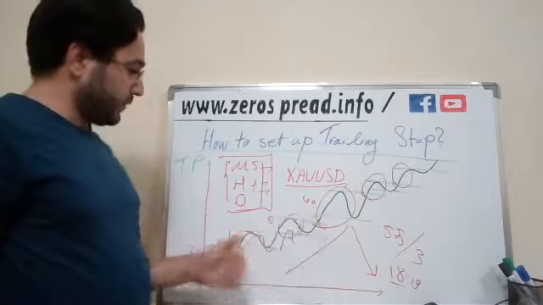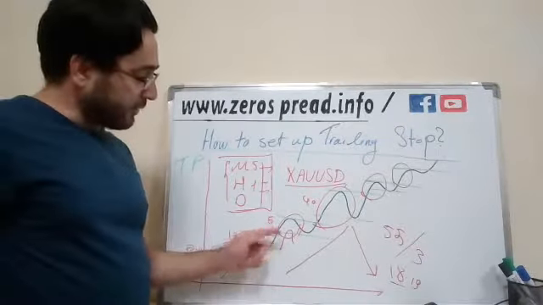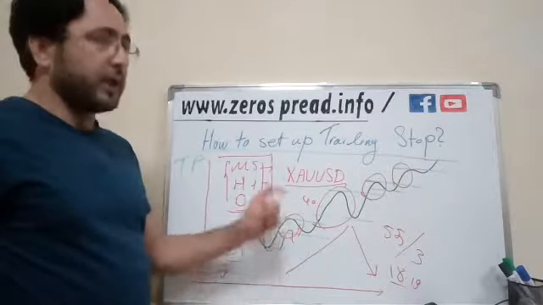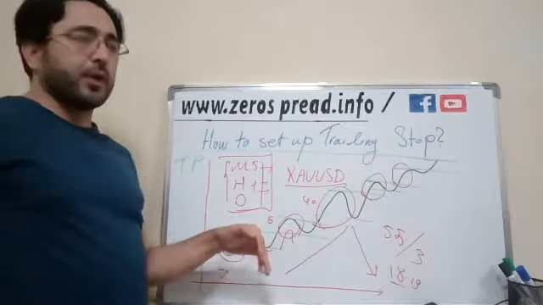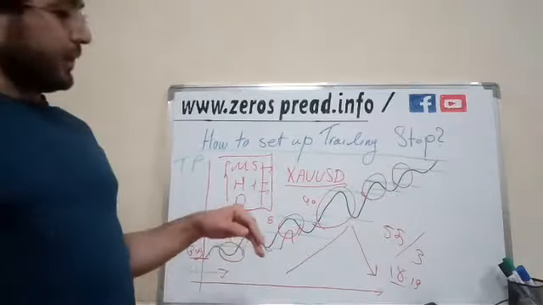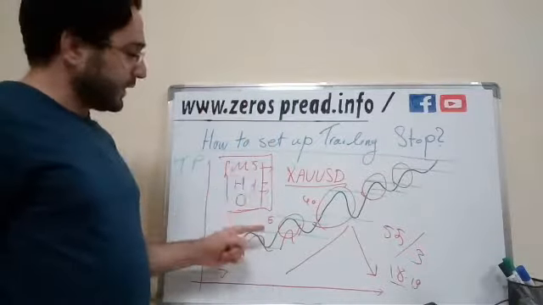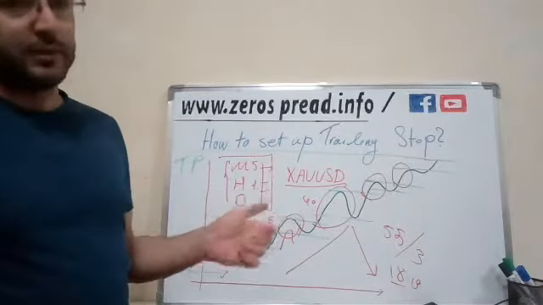And do not select the smallest, because if you select the smallest, your profit is going to be very small. You can lose your profits in a very small wave of the movement. Your position will be closed and you will have just very tiny profits.